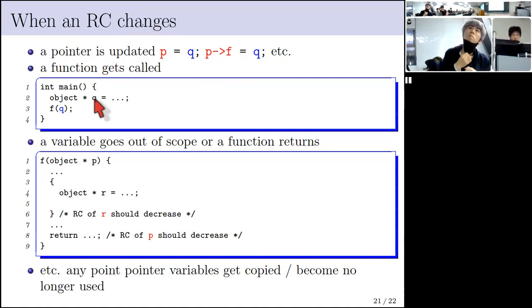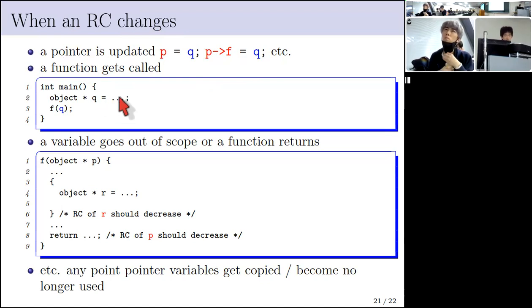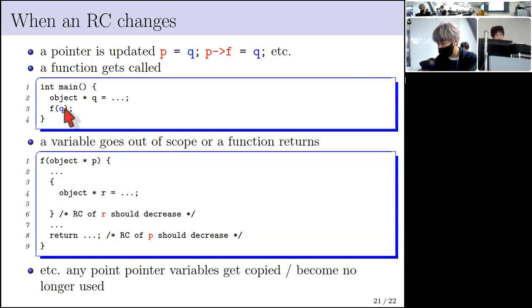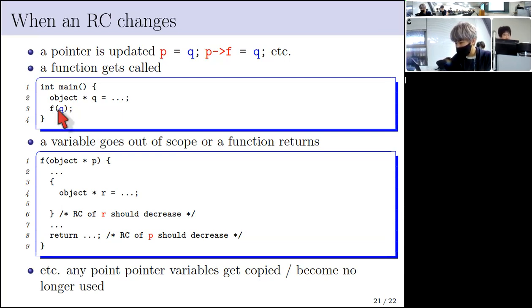For example, when you have a pointer pointing to an object and you are passing this pointer to another function, you are essentially making another variable pointing to the same object, right? So the other variable is the parameter of this function, right?